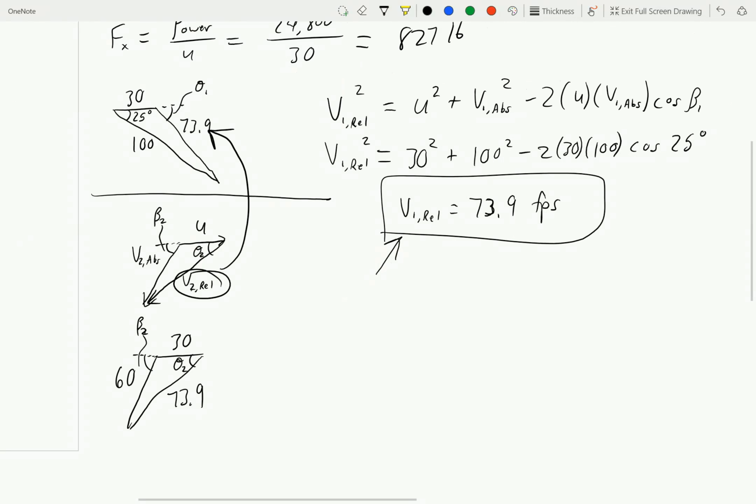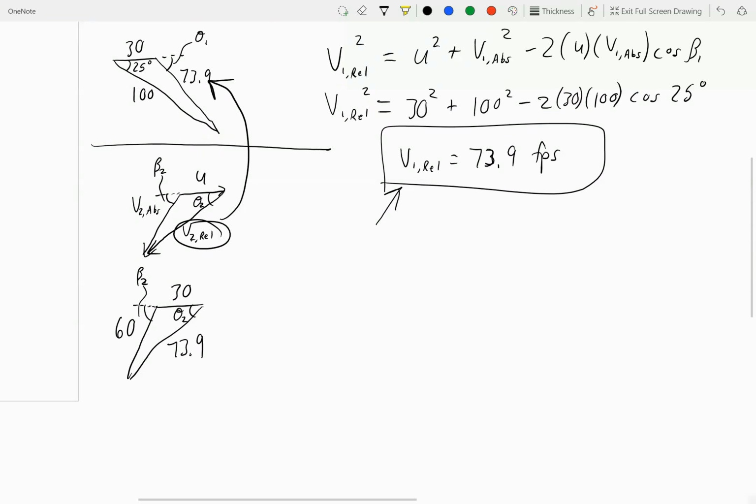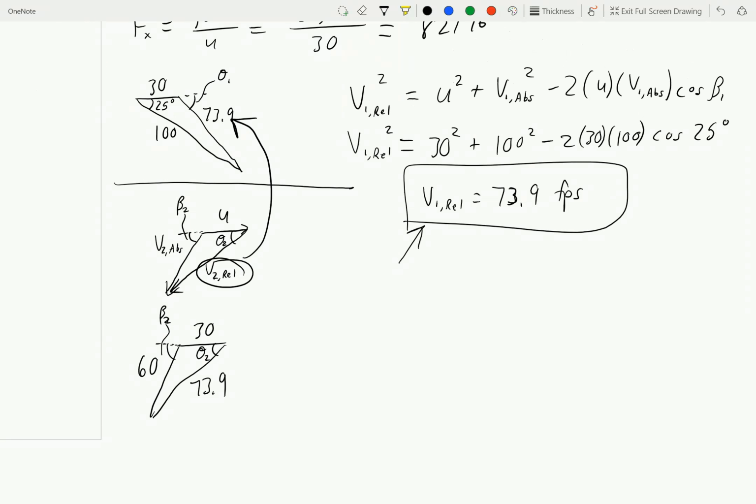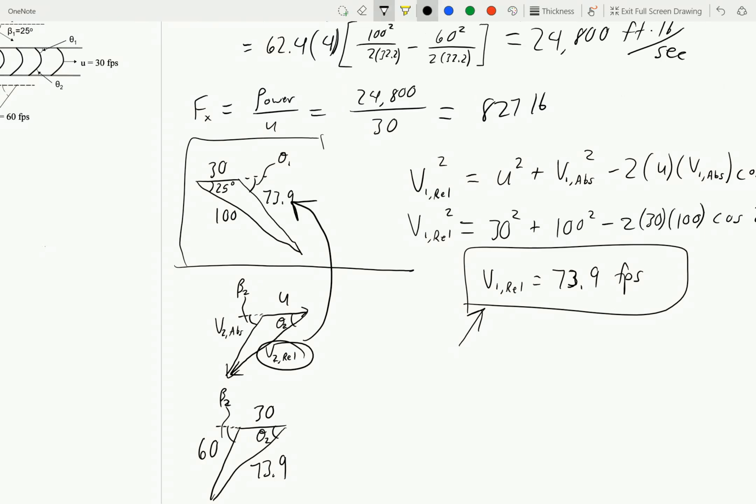To do that, we can use the law of sines. If that's on your equation sheet, you just have to know how to apply that to these problems. If we think about this first example, this angle right here is theta 1, and if we think about the geometry, the angle on the other side of this line is 180 degrees minus theta 1.